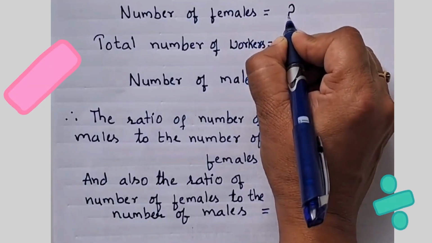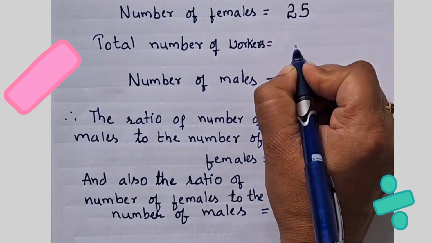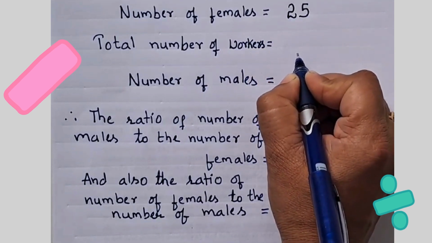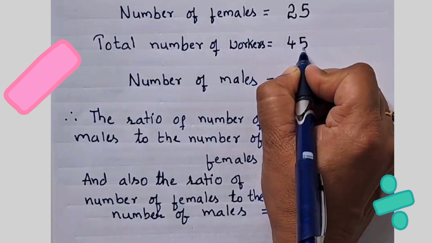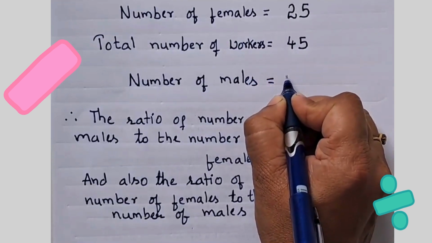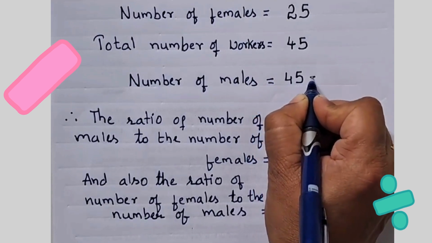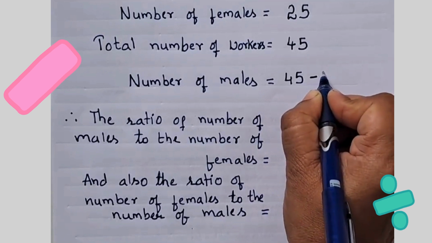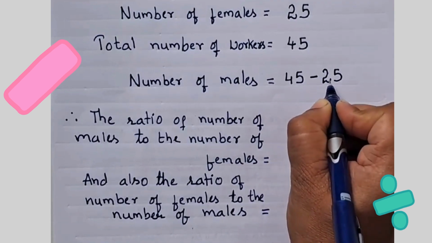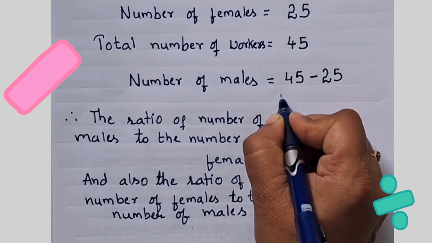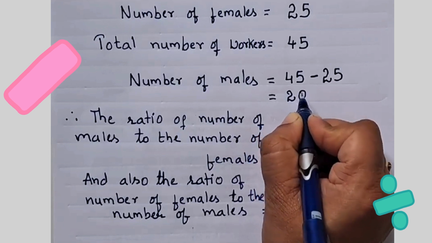Number of females is equal to 25. Total number of workers is equal to 45. So the number of males will be total number of workers minus number of females, which is 25. 45 minus 25 is equal to 20. So number of males is 20.